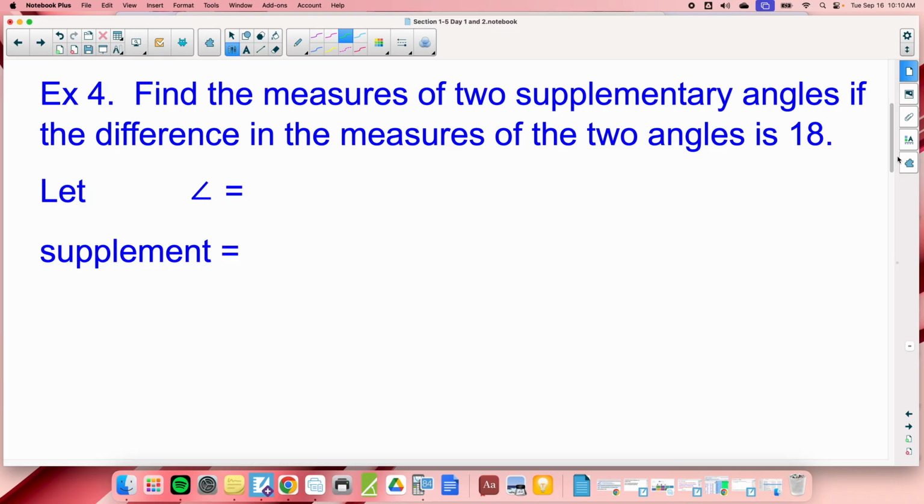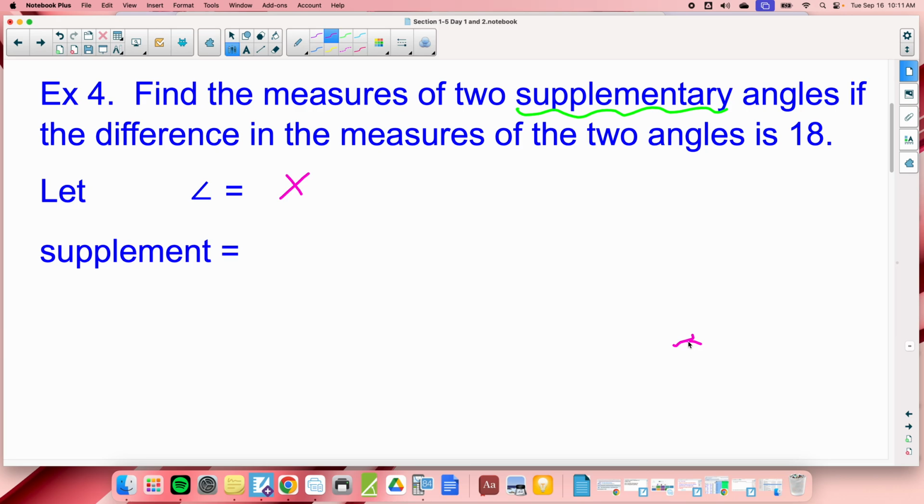So this is what you do. You first are going to be given either that you have supplementary angles or complementary angles. In this case, we have supplementary. And what I always do is I say, let my angle be x. Now, let's think about this.